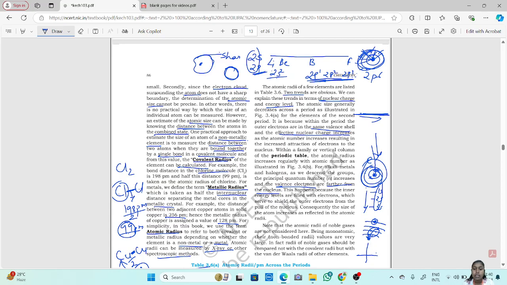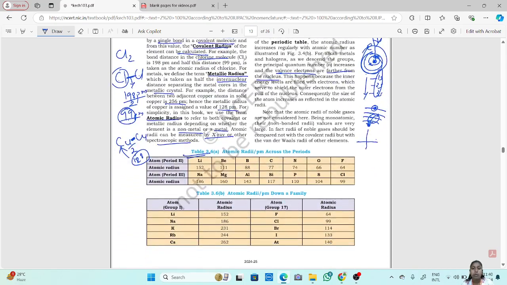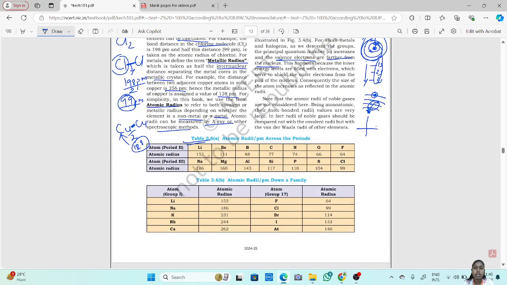Consequently, the size of the atom increases, as reflected in the atomic radii. Now note that the atomic radii of noble gases are not considered here. Being monoatomic, their non-bonded radii values are very large. In fact, the radii of noble gases should be compared not with the covalent radii but with the van der Waals radii of other elements.